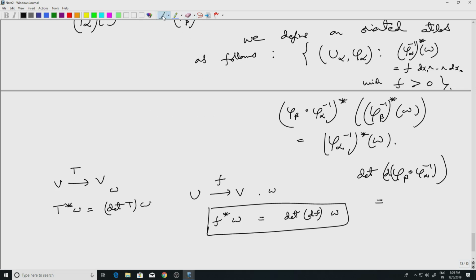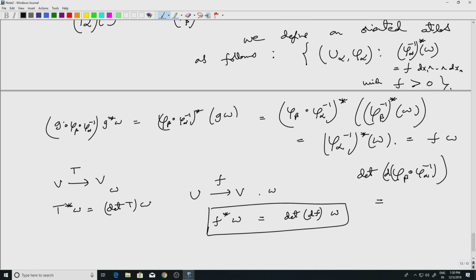the left hand side on the other hand is phi beta composed with phi alpha inverse star. Now this thing is what we called G omega, and this is what we called F omega. And as usual, when I do this, it becomes the pullback of this function, which is G composed with phi beta composed with phi alpha inverse, multiplied by the pullback of omega.